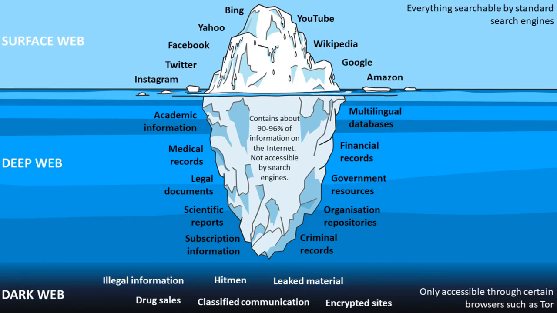Further to this though, there's an area of the web known as the dark web. These are sections and pages on the web that are only accessible through certain special encrypted browsers, such as the Tor browser we mentioned earlier. A browser which proudly proclaims it can be used for much good, but as can be seen here, allows access to an area of the web where everything from illegal information, leaked materials, hiring of hitmen, drug sales and classified communications take place.